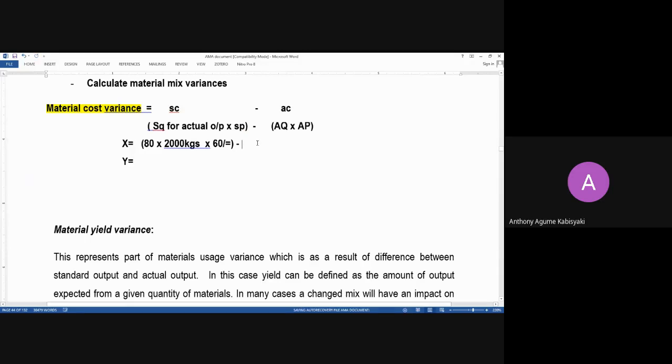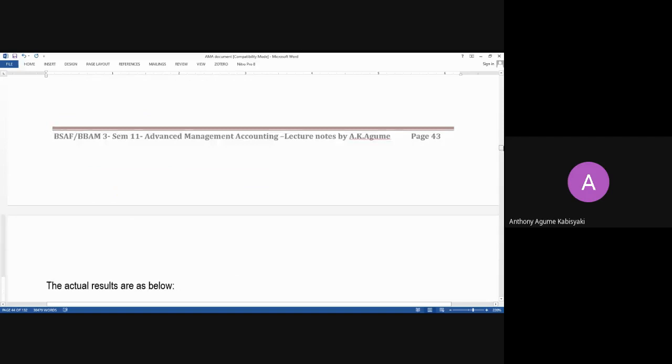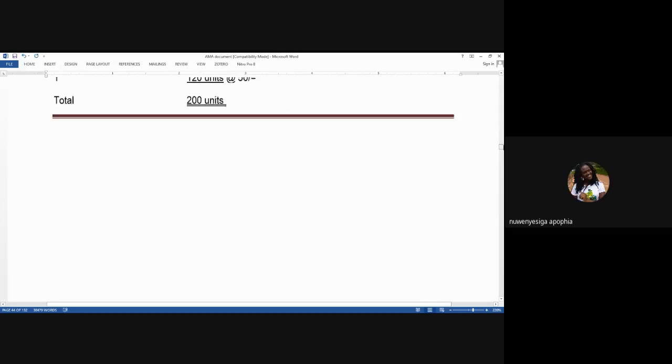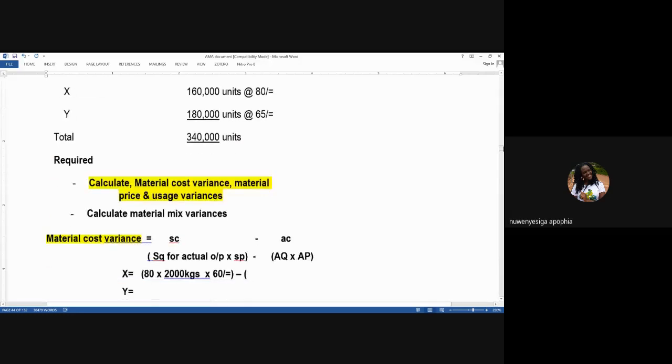So meaning that I will have actual quantity. So what is the actual quantity? Can you give me the figures so that I see whether you people are following? I think it's 160,000.